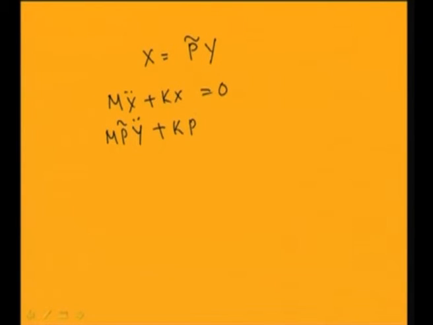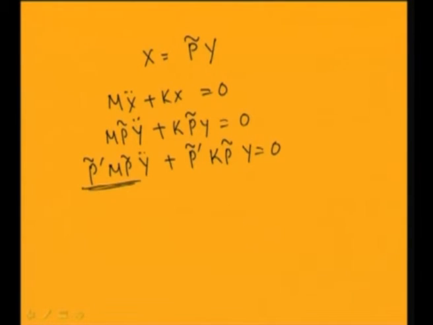So instead of substituting x equal to P y, if one substitutes x equal to P weighted model matrix y, then the equation mx double dot plus kx equal to 0 will reduce to M P weighted model matrix y double dot plus K into P weighted model matrix y equal to 0. Now re-multiplying by P weighted model matrix transpose: MP weighted model matrix y double dot plus P weighted model matrix KP weighted model matrix y equal to 0.